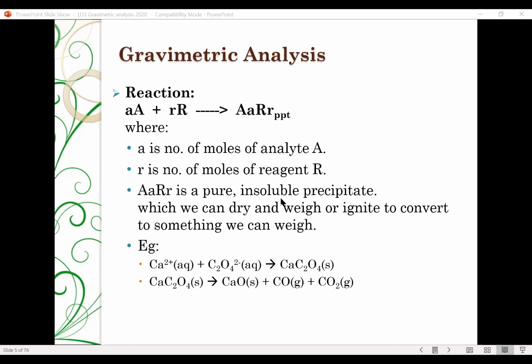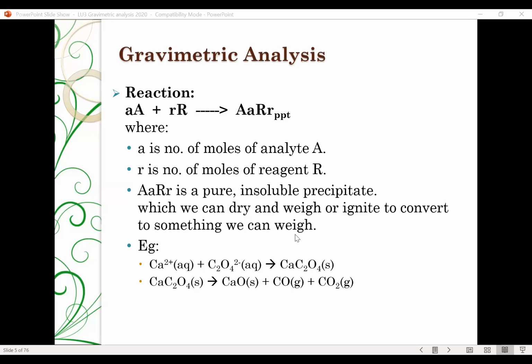Okay, it is in the form of a solid, which we can dry, weigh, or ignite to convert to something that we can weigh. Remember, the purpose of gravimetric analysis is to have the end product in a form for mass determination.